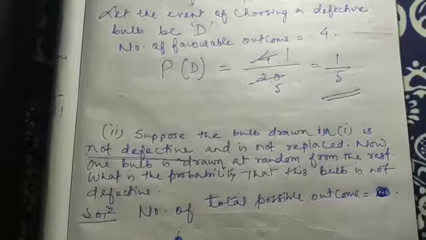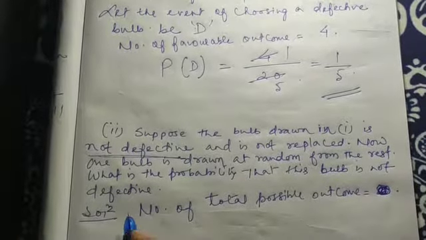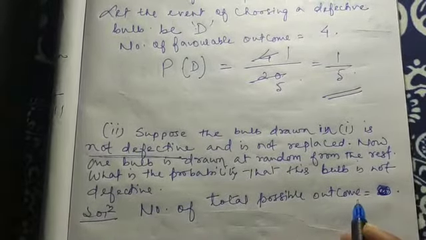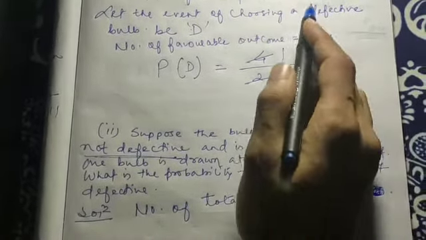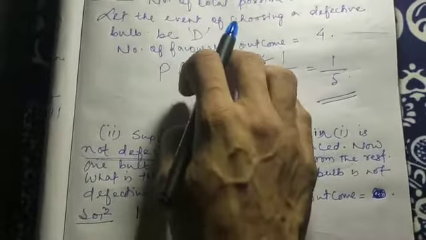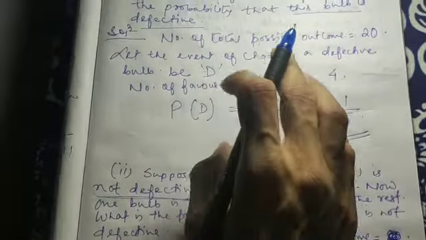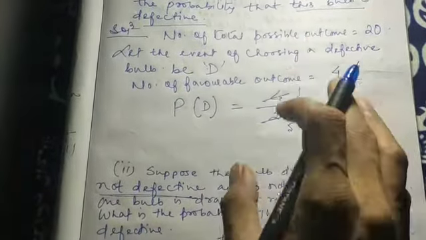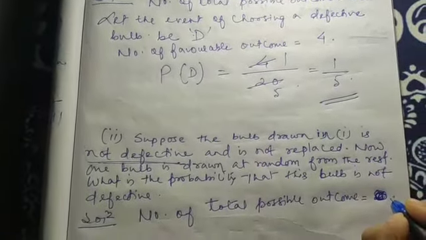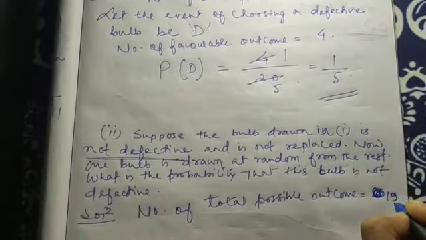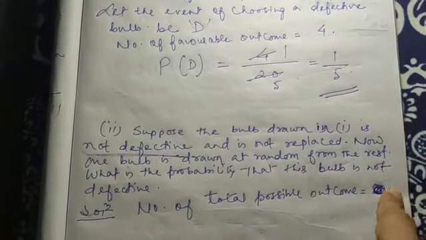So here you see, my dear students, the number of total possible outcomes is going to be 19, because one bulb has been taken out in number 1. So how many bulbs are left now? 19 bulbs. So total possible outcomes is 19.